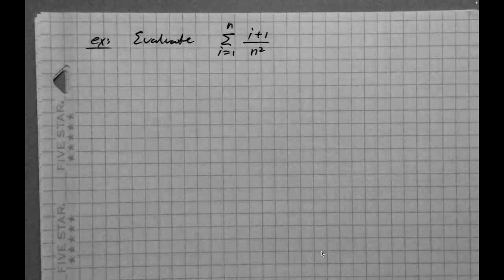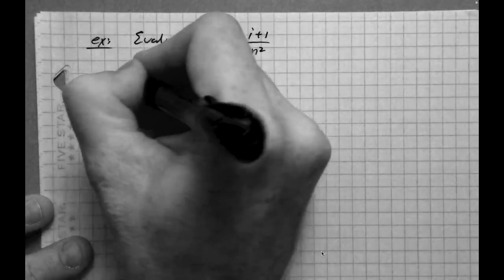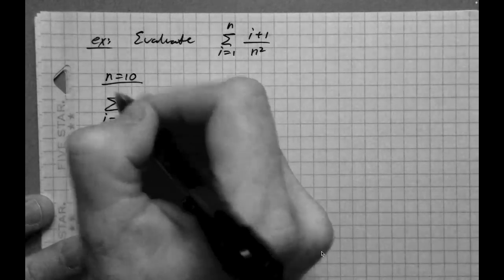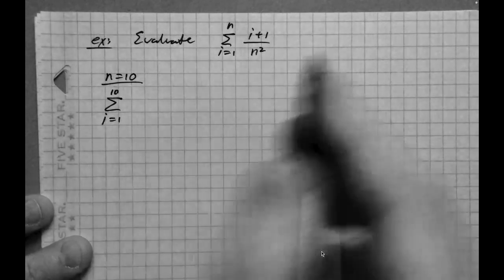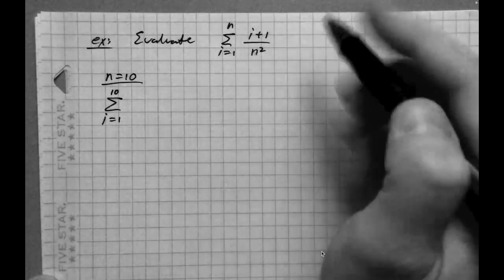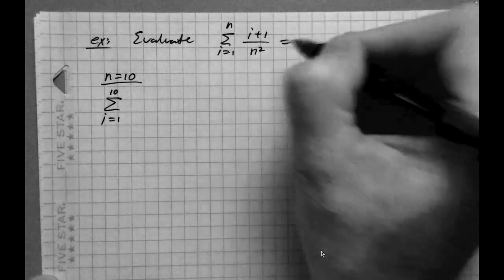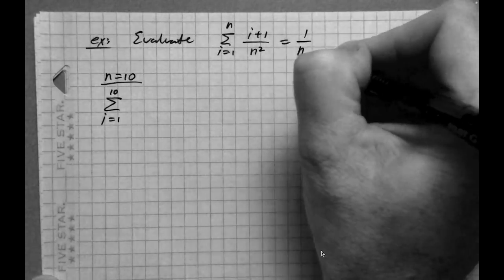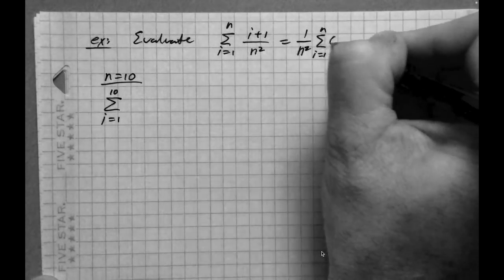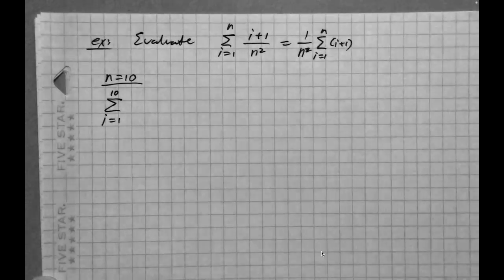Let's evaluate this for a couple of different values of n. So let's start with n equals 10. So that's simply i equals 1 to 10. Actually, before we do this, what can we do with this sum? We can rewrite this as 1 over n squared times the sum of i equals 1 to n of i plus 1, like so.